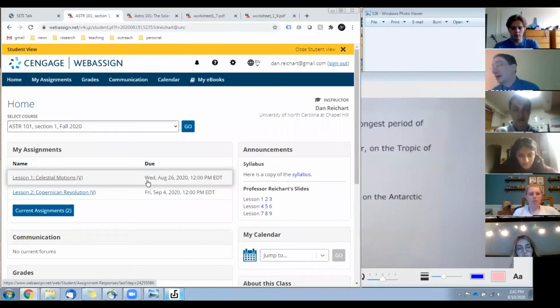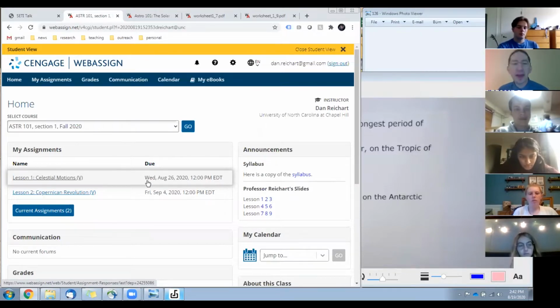I had already shifted it to Monday, but now I've shifted it to Wednesday. And I'm pretty sure that's not going to shift again. So keep that in mind. Wednesday is when you want the homework done. Don't put it off to the last minute is my recommendation. And you can see homework 2 is now visible, and we'll get to that when we get to that. I think that's the only announcement for today.